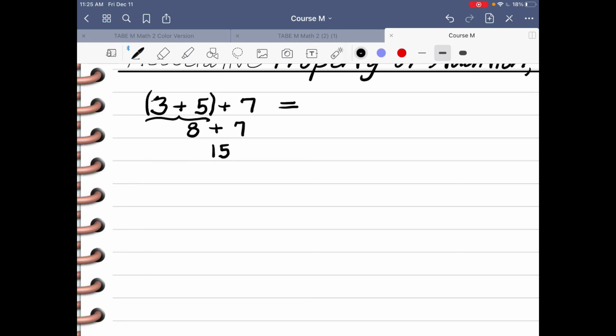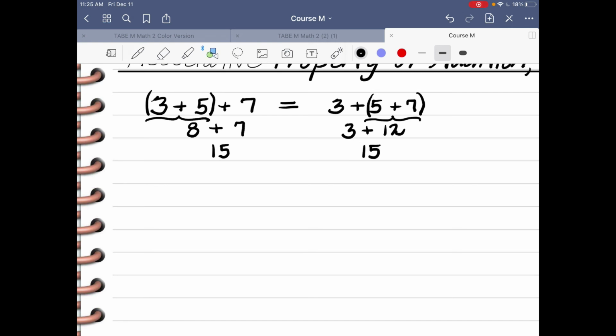So let's do it the other way. 3 plus 5 plus 7. Let's add the 5 and the 7 first. 5 and 7 make 12, and 3 plus 12 is 15.